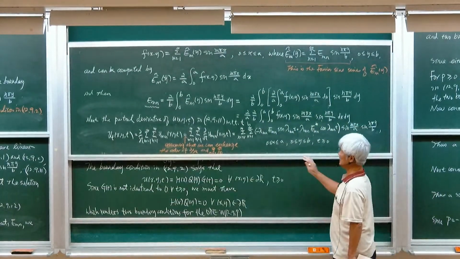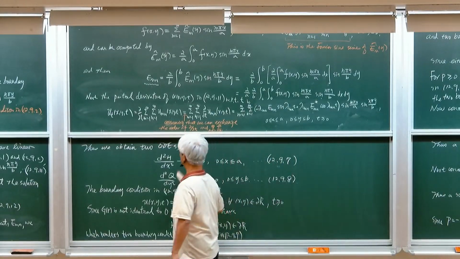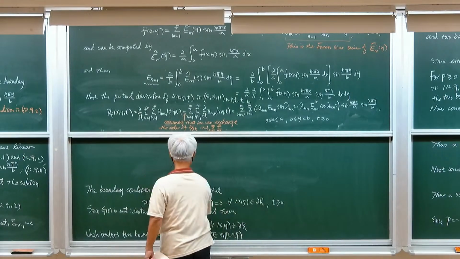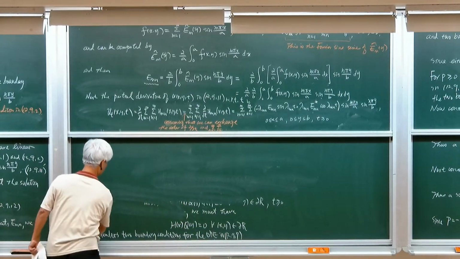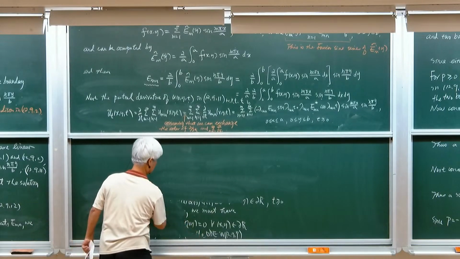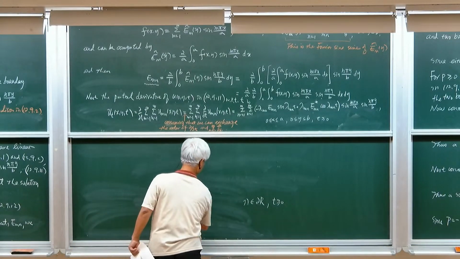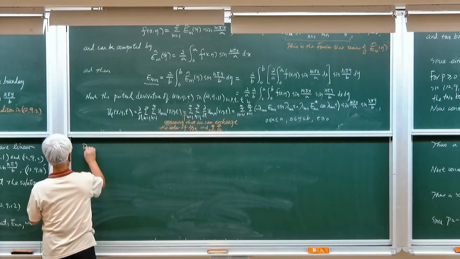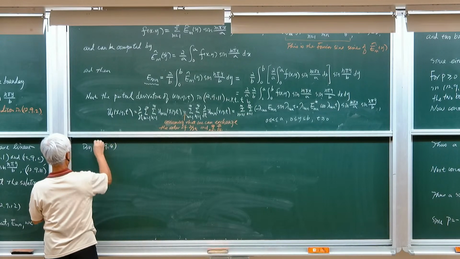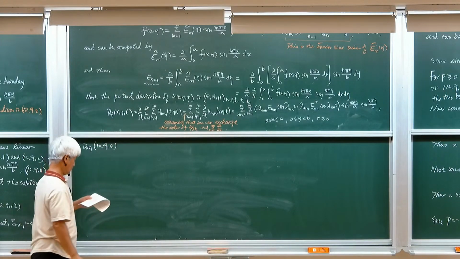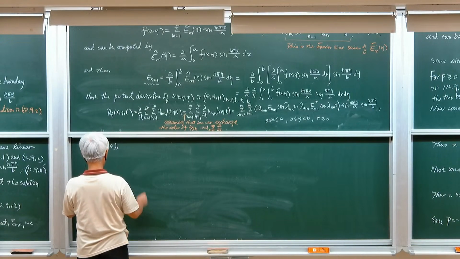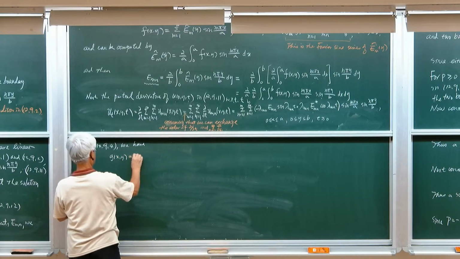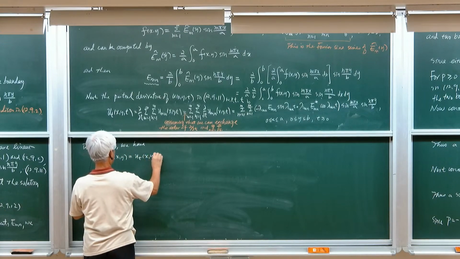So this is the partial derivative, which describes the velocity of the displacement at any time. By 2.9.4, the initial condition for the initial velocity, we have g of x, y, which is u_t(x, y, 0).